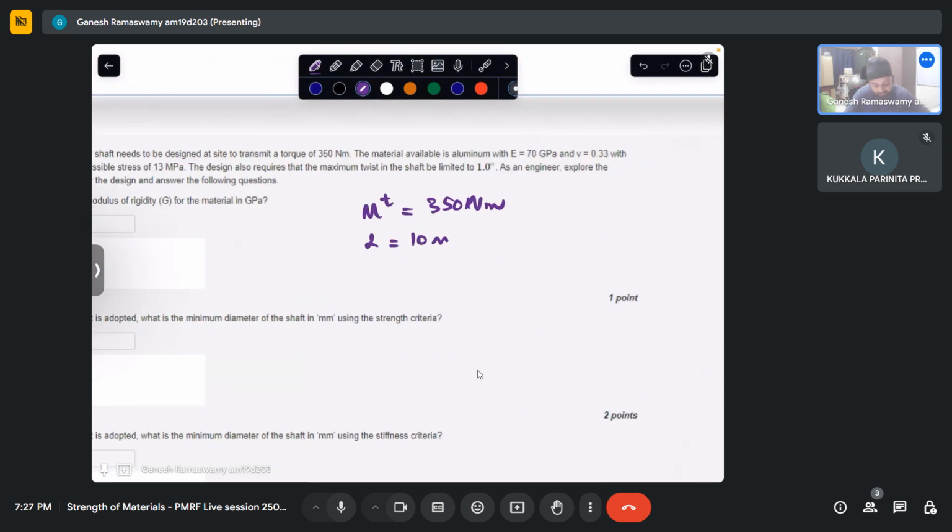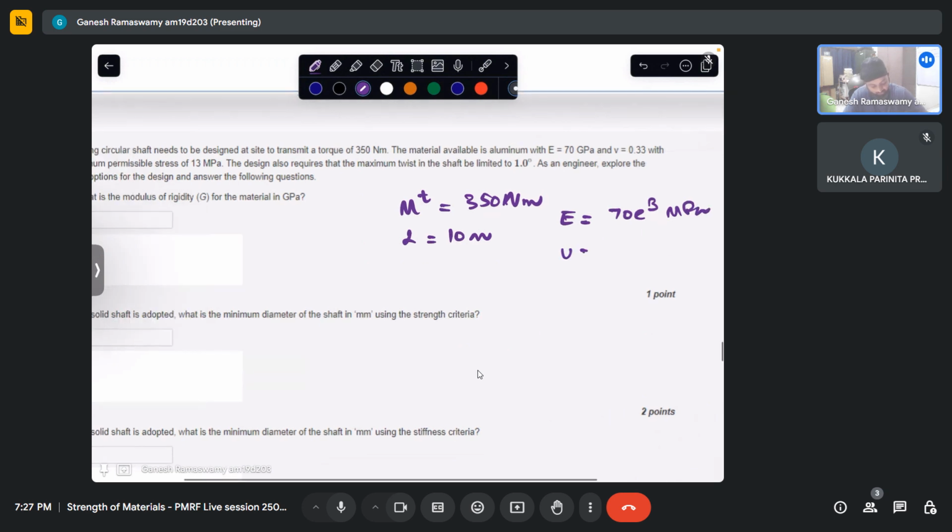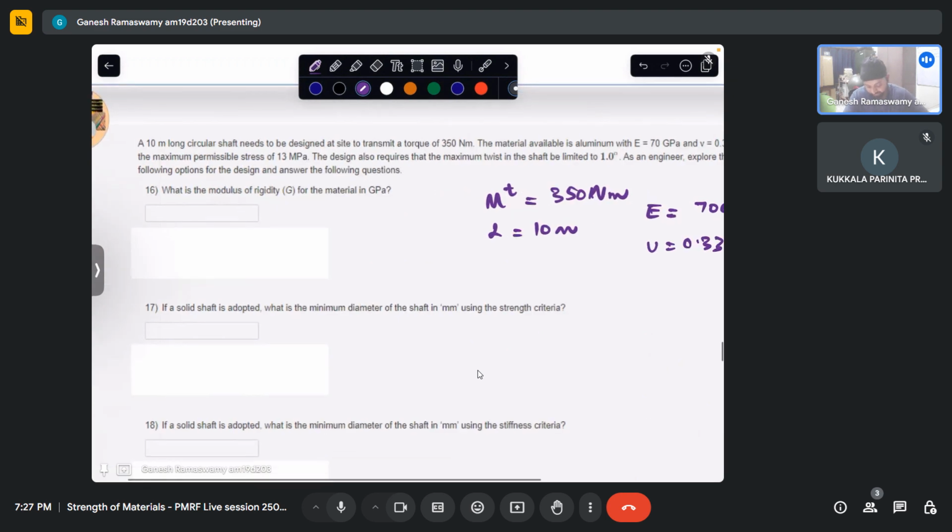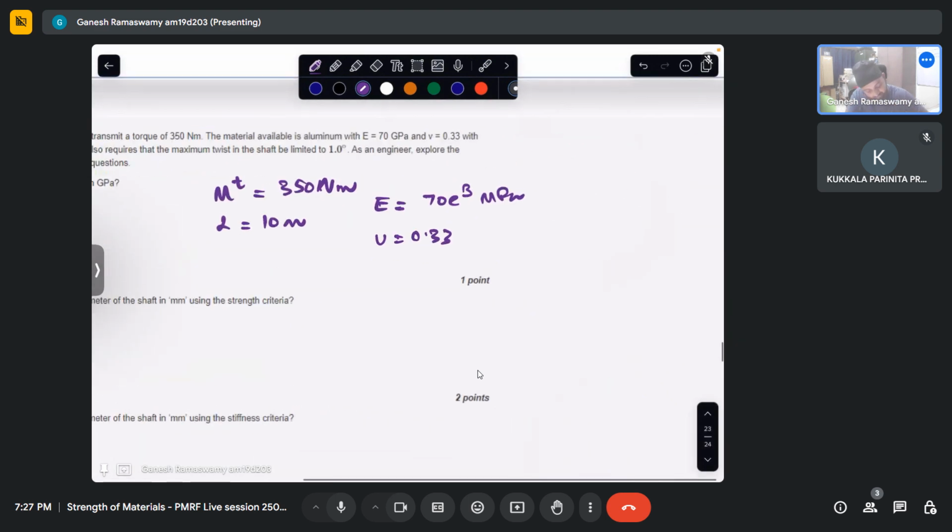The material available is only aluminium, which has a Poisson's ratio of 0.33 and Young's modulus of 70 GPa, with a maximum permissible stress of 13 MPa. So tau max, maximum shear stress permitted is 13 MPa. How do I know it is only shear?